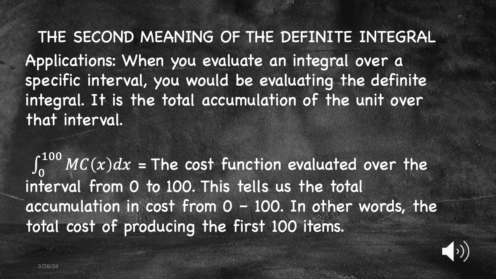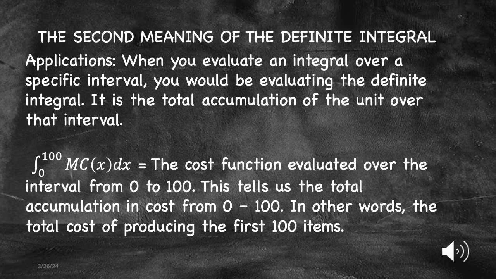So for example, if we have the marginal cost function, that's going to be a rate. It's going to be a rate that tells us the cost per item. Now if we find the antiderivative and work backwards, the marginal cost, when we integrate that, will give us the cost function itself.